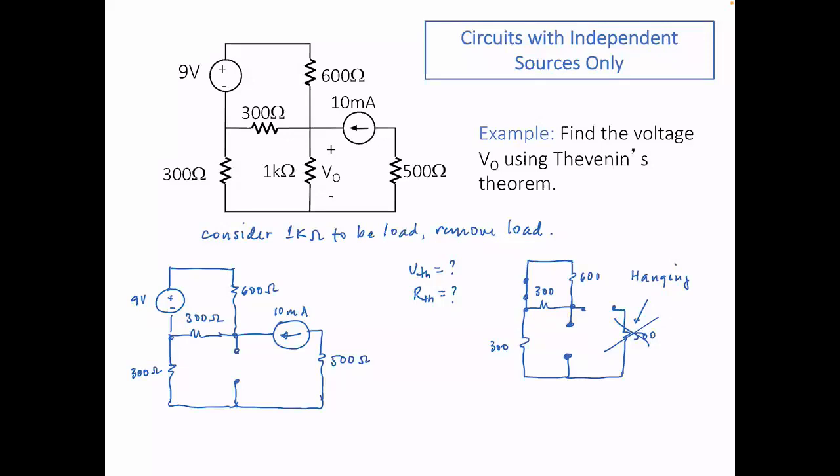RTH is looking into these terminals. This is simply equal to 300 in parallel with 600, so these two are in parallel, plus 300. What's the value of this? This is 200 plus 300. This is 500 ohms. RTH is equal to 500 ohms.